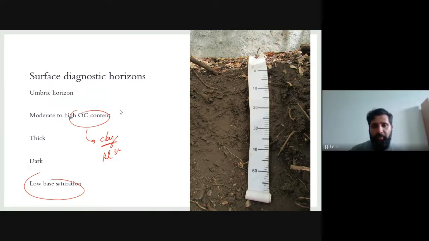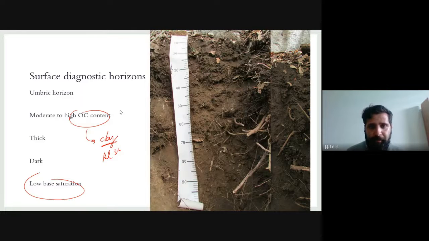So if the soil possesses a high aluminum content, the microorganisms' activity is low, so they don't act very fast, and they don't decompose the organic matter very fast. So we can create an umbric horizon. Okay, you can see here they are very thick with a lot of roots, dark, a high content of organic matter, but a low base saturation.